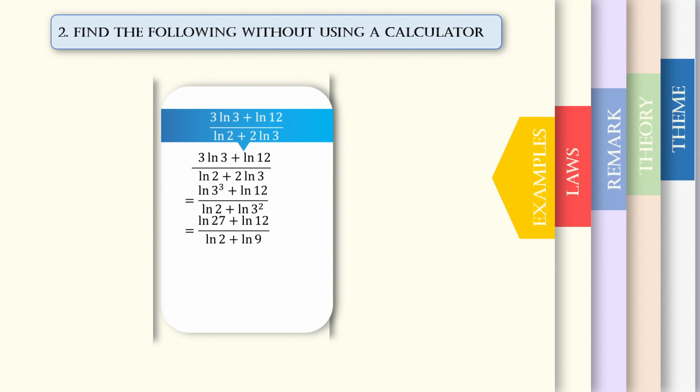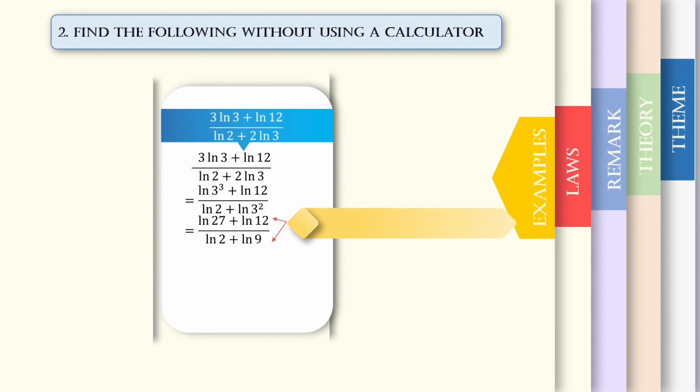Natural logarithm of 3 to power 3 plus natural logarithm of 12, both these logarithms divided by natural logarithm of 2 plus natural logarithm of 3 to power 2, which in fact is natural logarithm of 27 plus natural logarithm of 12 over natural logarithm of 2 plus natural logarithm of 9.